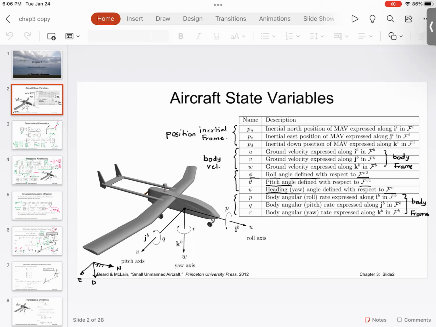And a quick recap. Can someone tell me what is the first frame that we start with? If you want to describe the aircraft motion, the first frame is the inertial frame. Second frame, vehicle frame. The inertial frame and vehicle frame are related by pure translation, which means Pn, Pe, and Pd give you the relationship between the earth-fixed frame and the aircraft-centered CG vehicle frame.